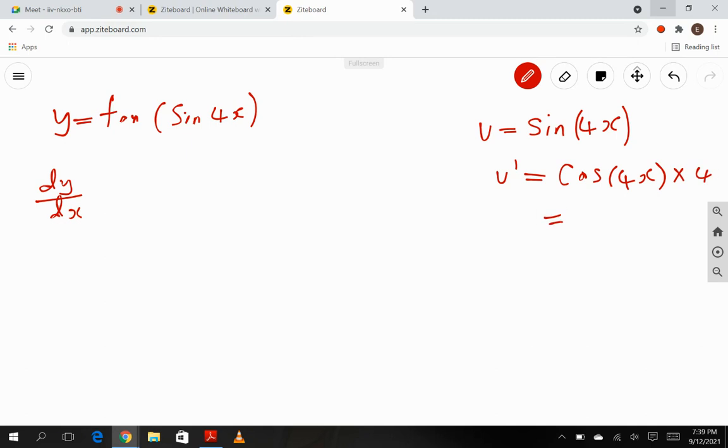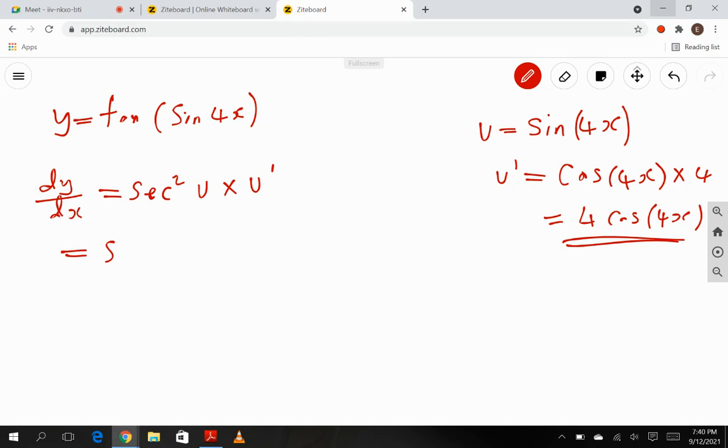So your answer is 4 cos 4x. So we've got our u prime. So what's the derivative of tan? Sec squared. To make things easy, you just say sec squared u, then multiply by the derivative of u.